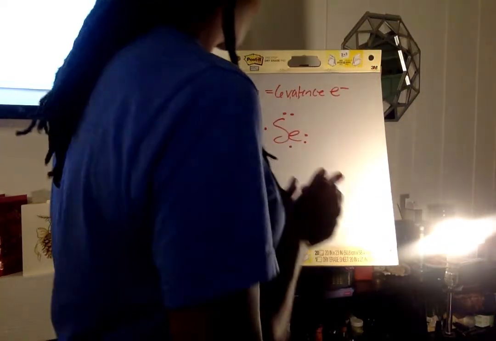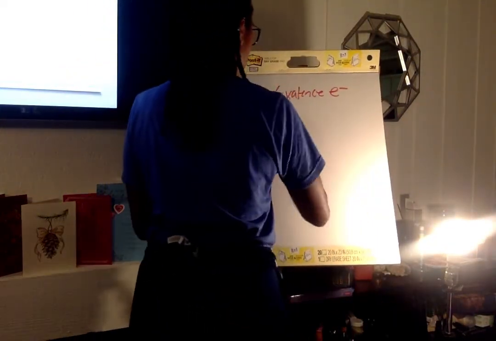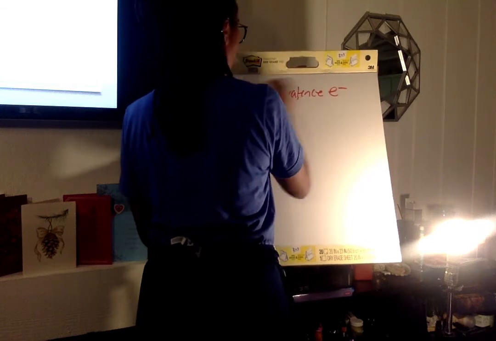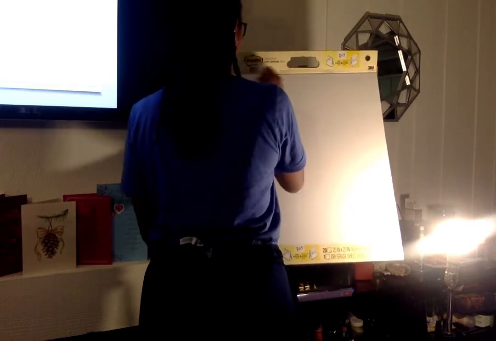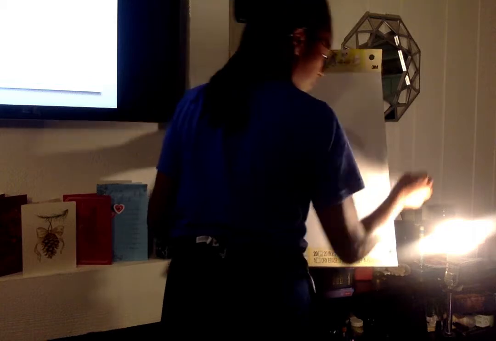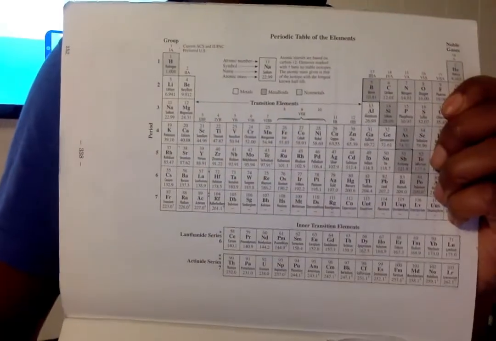So if Rb is here, right? Let's go ahead and write all of that out. So Rb, if we just go through all these rows, right?